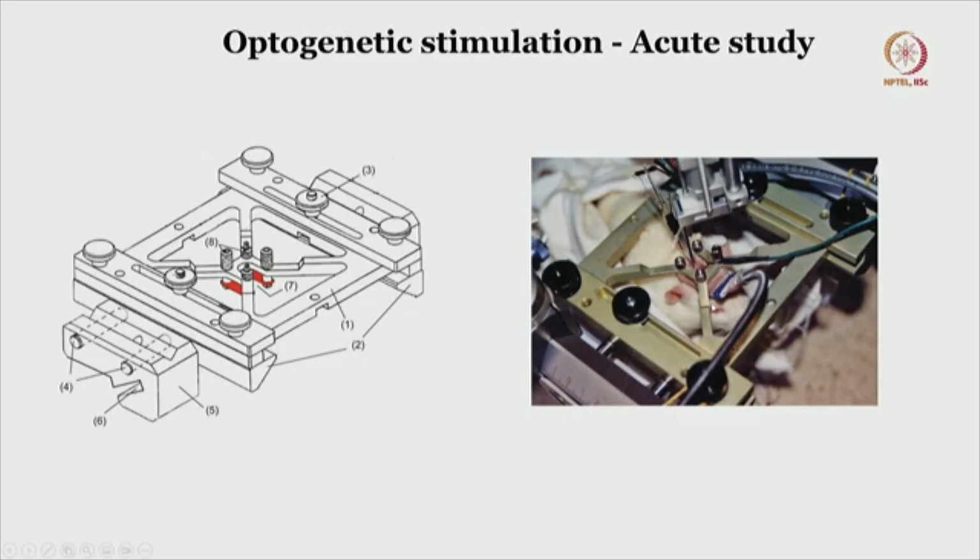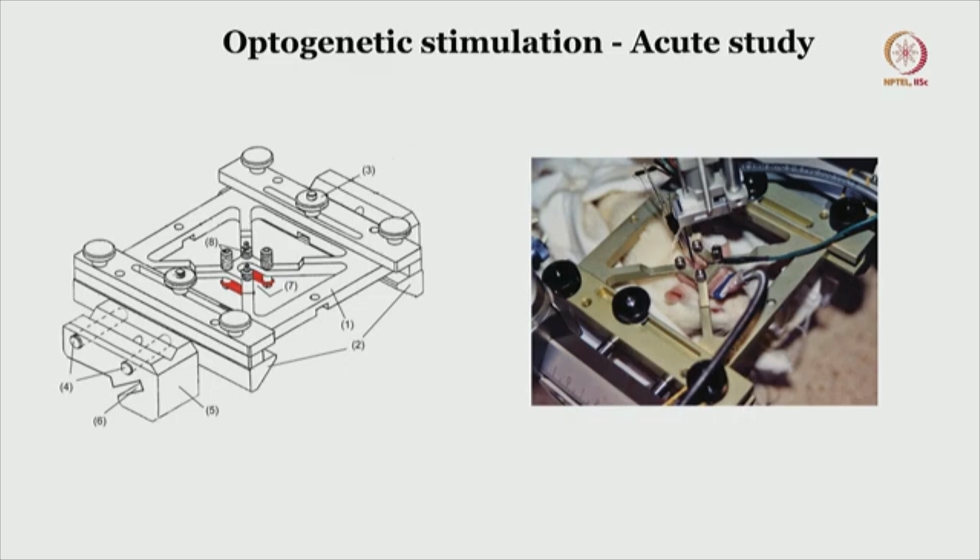If you want to do an in vivo acute study wherein the rat is habituated to this sort of cranial construct or cranial setup, as the rat behaves you can study the brain signals using this optogenetic stimulation, where the rat performs various tasks, like for example a food pellet grabbing task or lever press task, or even for that matter it runs over a big ball for the navigational electrophysiological studies.